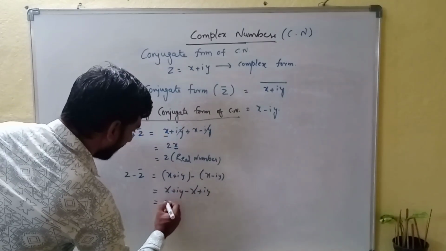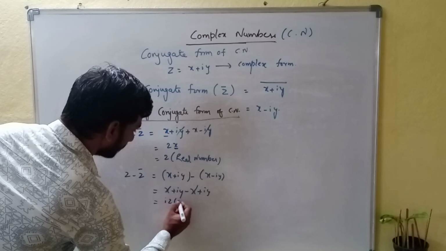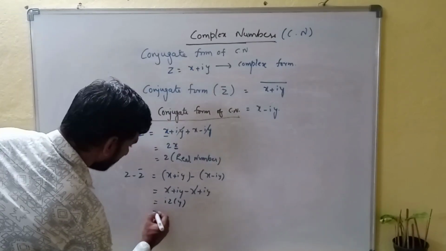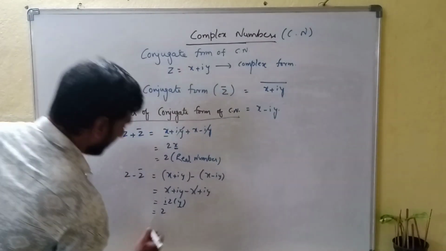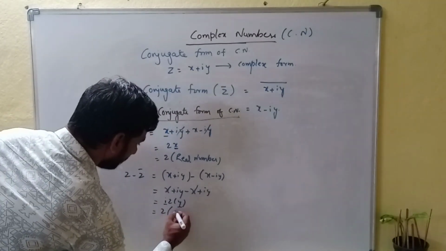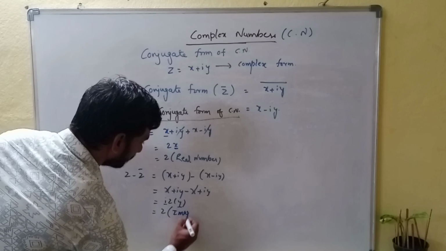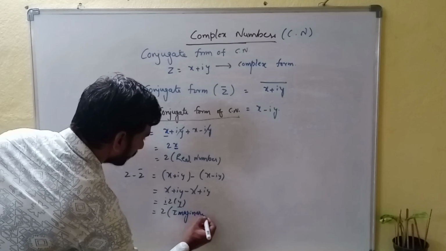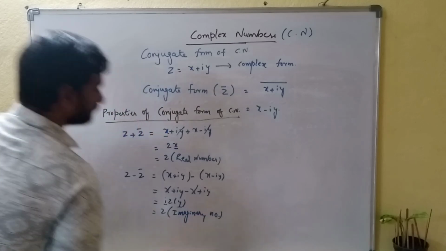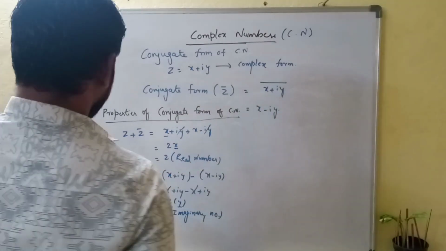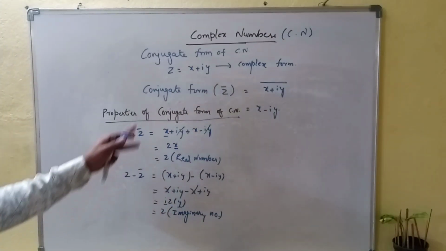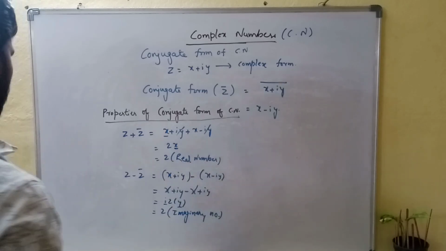What you will get is i into 2y. Here iy is the imaginary form, so that means 2 into an imaginary number. This is how we can subtract the conjugate of a complex number from the complex number.